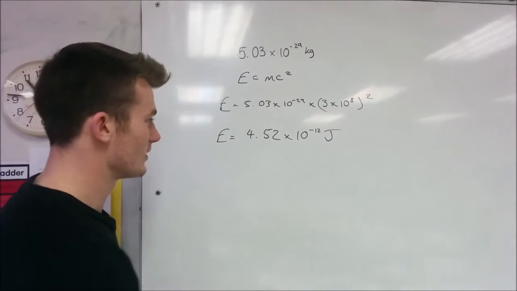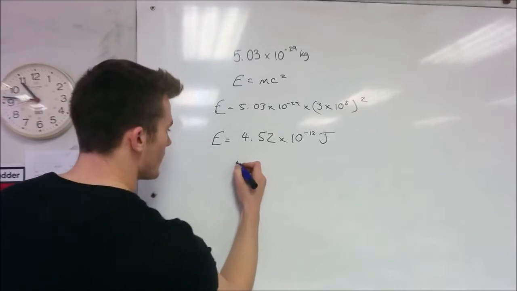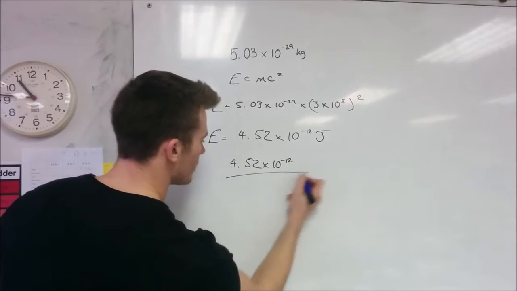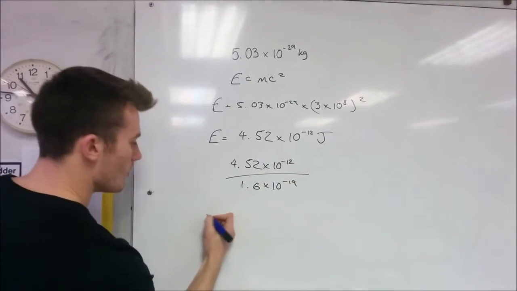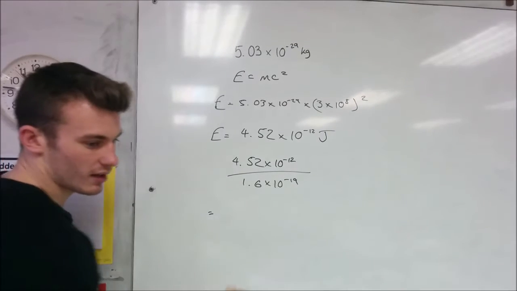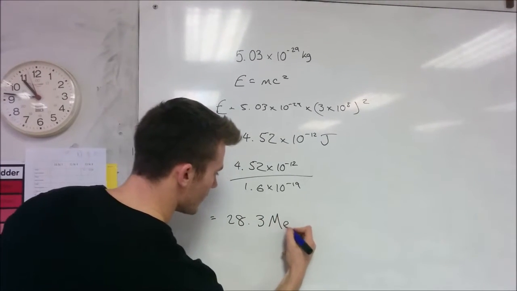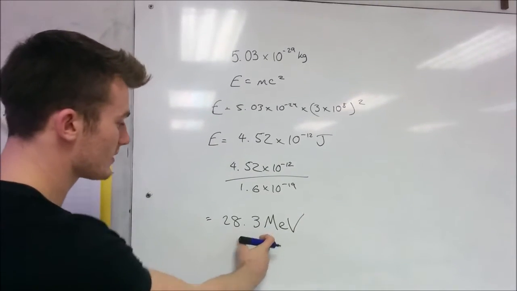The next stage is to convert this number into electron volts. So we do that by dividing it by the charge of an electron, 1.6 times 10 to the minus 19. When we do that, we get 28.3 mega electron volts, mega being times 10 to the 6.